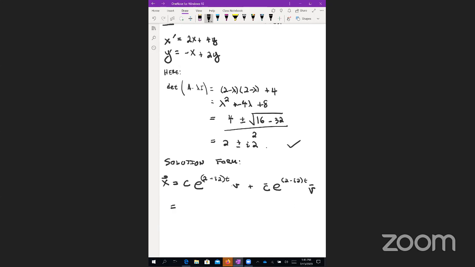And if you notice, we can factor an e out of this whole thing. So we're going to get e squared times c times the complex exponential, so sum of sines and cosines. So 2it times v plus c bar e to the minus 2it v bar.